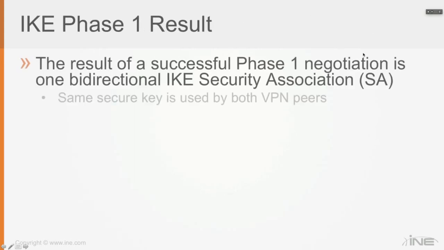Now once phase 1 is up, the result is that I'm going to end up with one bidirectional IKE security association. It's bidirectional because both sides are going to use the same key to further secure the phase 1 negotiation and the phase 2 negotiation, because that's the scope of phase 1, to derive that key material securely by both VPN peers.